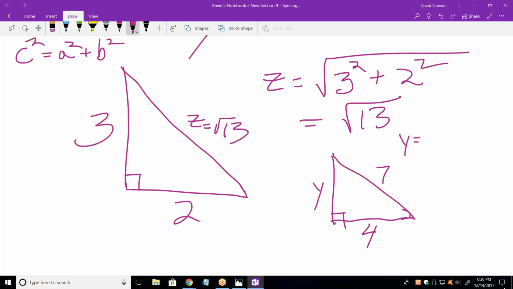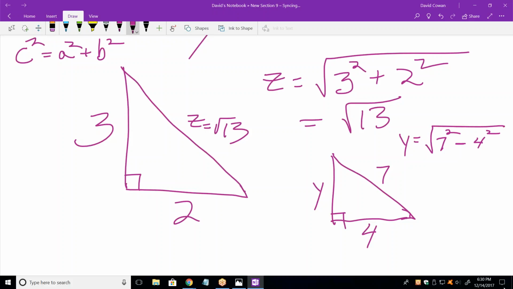What's your answer going to begin with? The square root of 4 squared. Actually, when you're solving for a short side, the first number is always the hypotenuse squared. There's subtraction taking place, and then it's the other side squared.